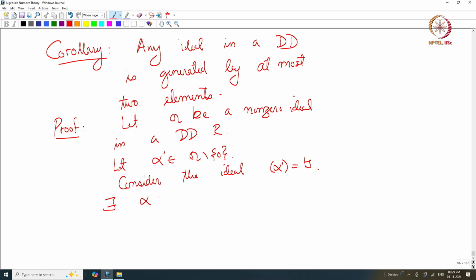Okay. So, there exists alpha prime in A such that alpha R by A is coprime to B. This is the previous corollary, right.